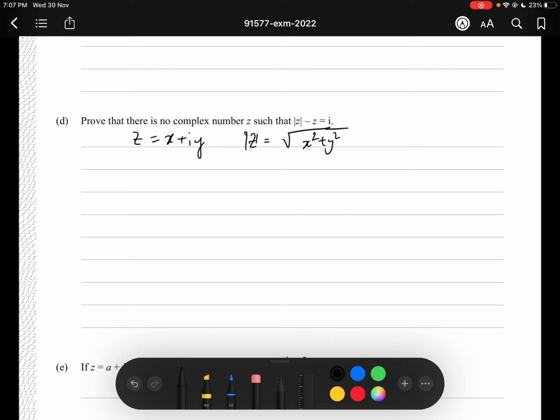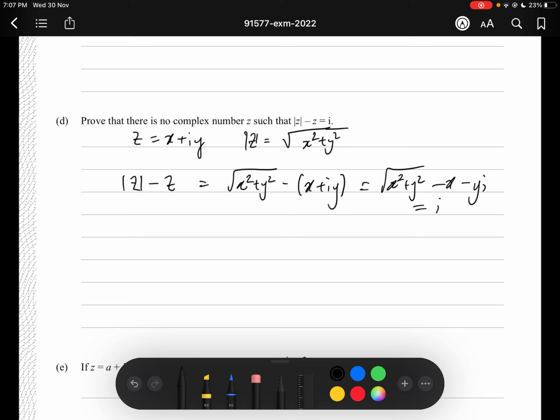So the modulus of z minus z is the square root of x squared plus y squared minus (x plus iy), which is the square root of x squared plus y squared minus x minus yi, and that is equal to i. In this question, we use a very simple idea that is used a lot in the complex exam: the real part of one side equals the real part of the other, and the imaginary part equals the imaginary part.